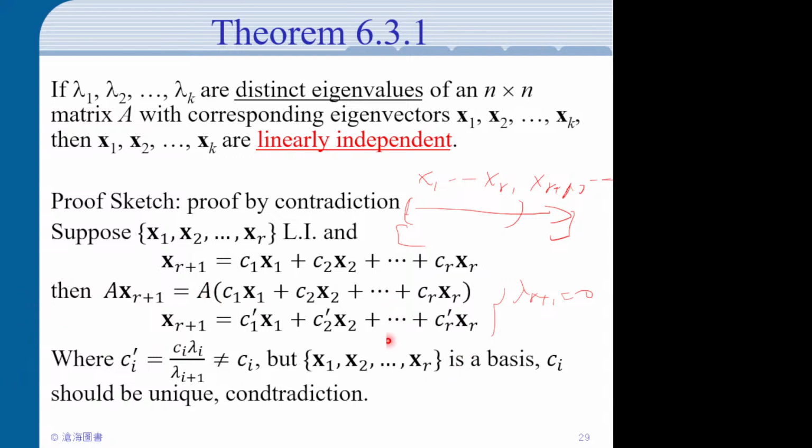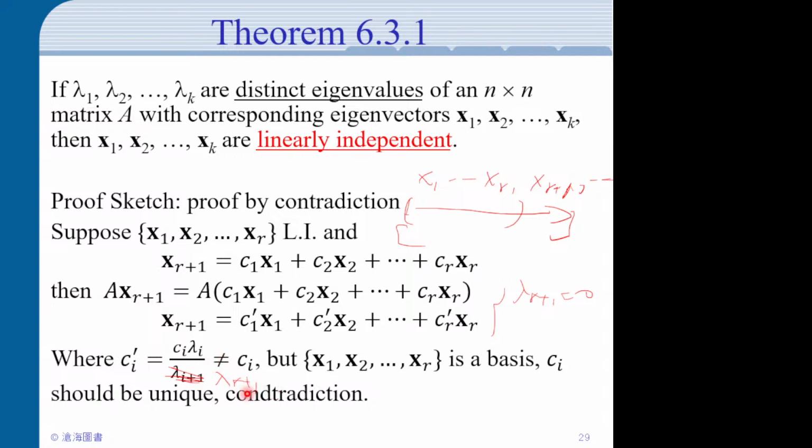And then the more general case, lambda r plus 1, not 0. Sorry, so here is wrong. So if lambda r plus 1 is not 0, then you can divide it to the other side. And then you can write a whole bunch of C1 prime, C2 prime to CR prime, where C i prime is Ci lambda i divided by lambda r plus 1.